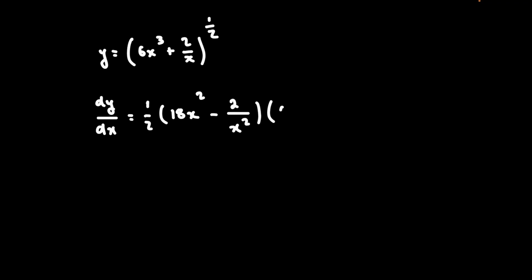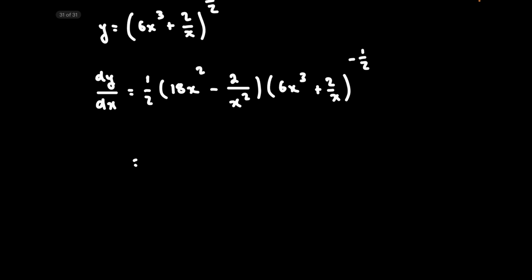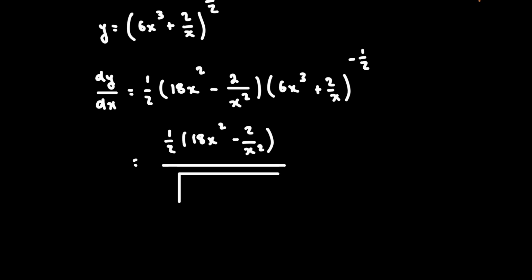And then we can keep the original function to the power of half minus 1, which in this case would simply be minus a half. The only thing I'm going to do to simplify this is make this index positive, and keep everything on the top, and then bring this function towards the denominator, and we can make it square rooted, and say it's 6x cubed plus 2 over x.